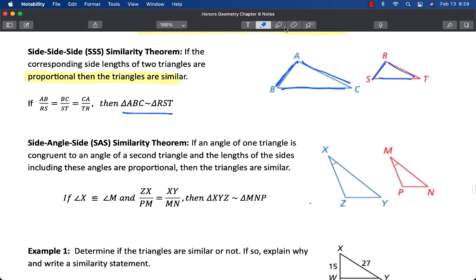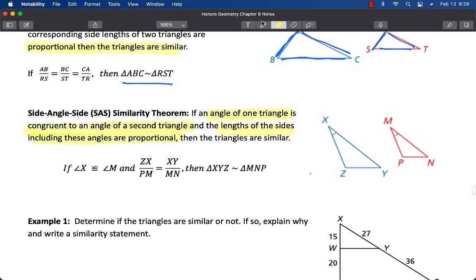Our next theorem is the side angle side. Very similar, however, now we have an included angle between the two sides that are proportional. This theorem says if an angle of one triangle is congruent to an angle of a second triangle and the lengths of the sides including these angles are proportional, then the triangles are similar.